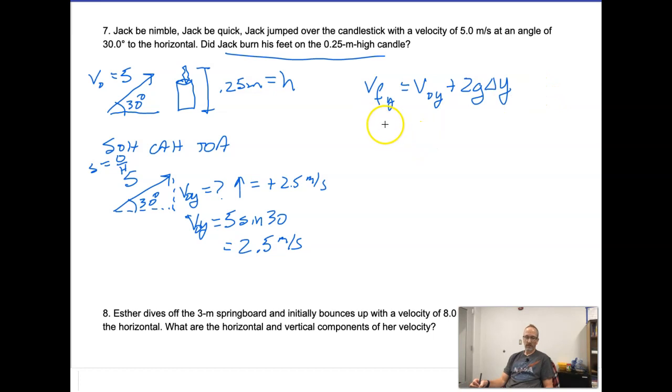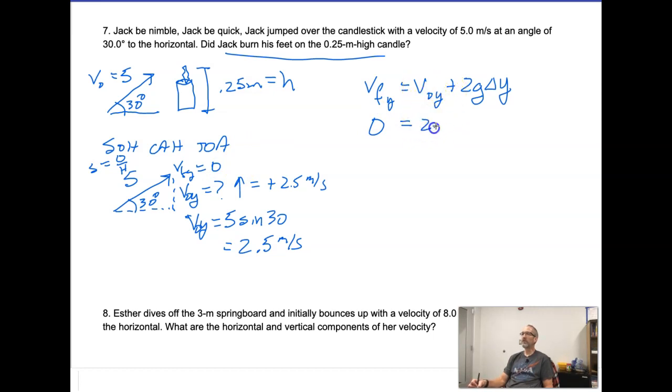Here's the interesting thing. If I'm going all the way up to the top, remember your velocity final in the y is going to be equal to 0. So this is 0, and that's equal to our original speed in the y.